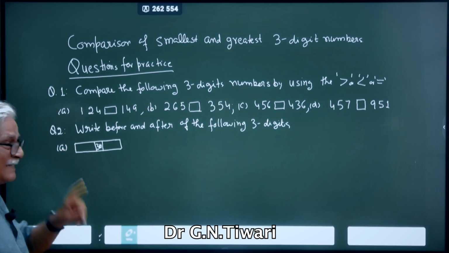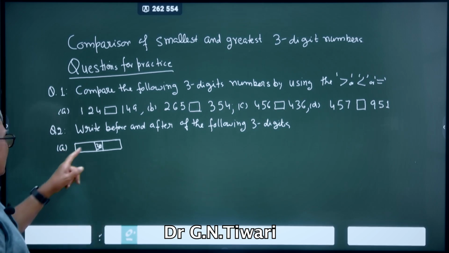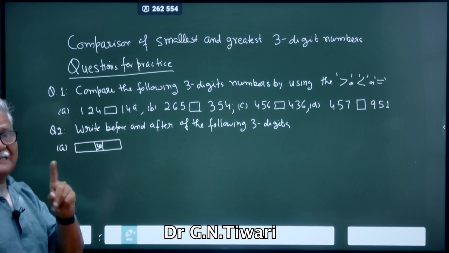So, what is the three-digit number after 310 and what is the three-digit number before 310?